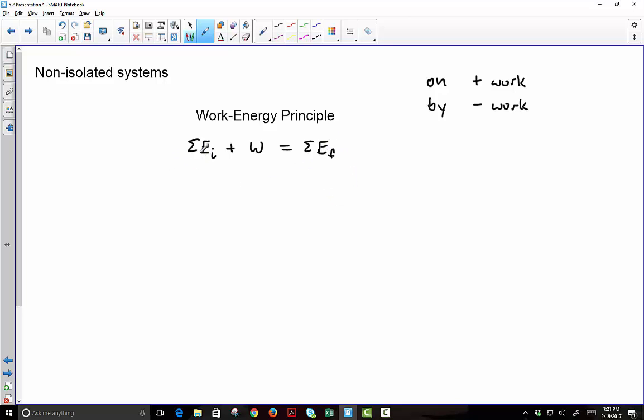So if we break this out, our total energy is going to be our gravitational plus our kinetic initially, plus the elastic, plus the internal, plus any work done is equal to the final.